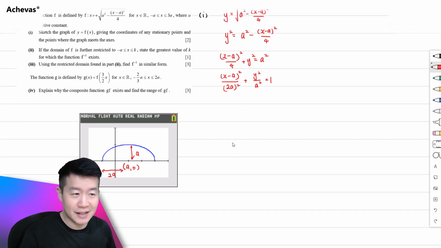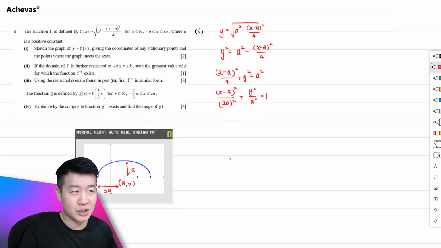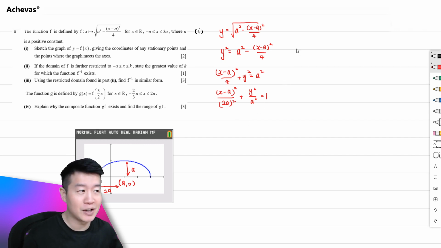If you can see this, of course we can make use of the graph on our GC, but I think it is even easier for us to sketch the graph. So we will have our y-axis and x-axis here.